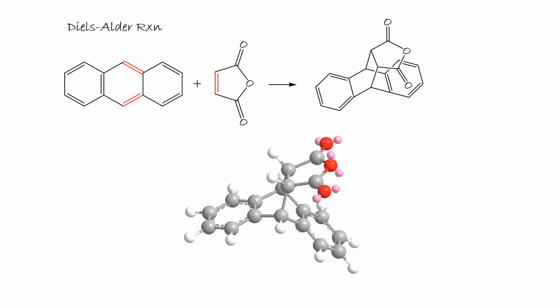You can also get Diels-Alder for this species. It is diene-like, with maleic anhydride as the dienophile. You get the Diels-Alder adduct in very good yield.